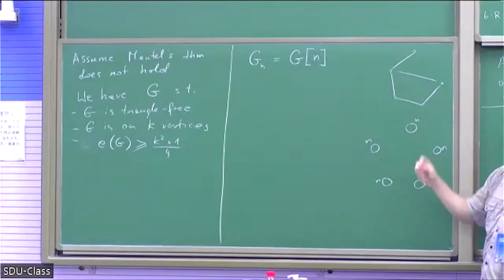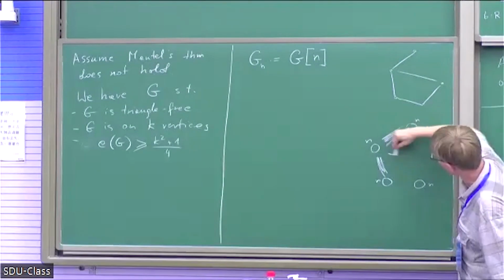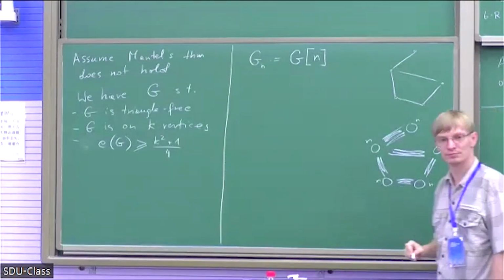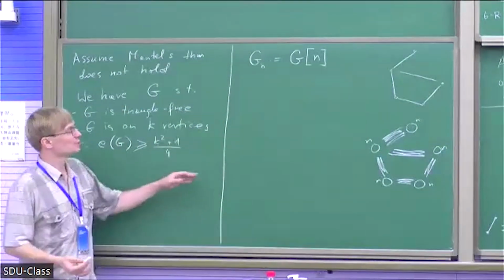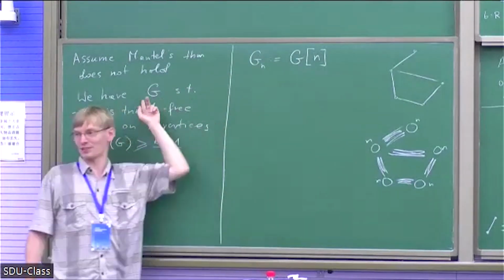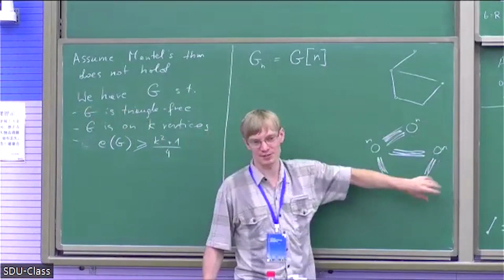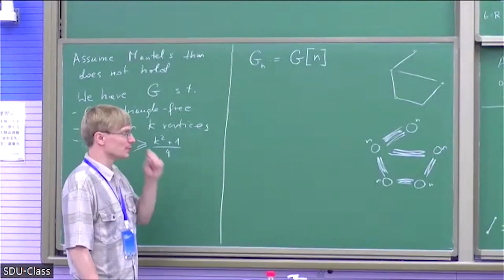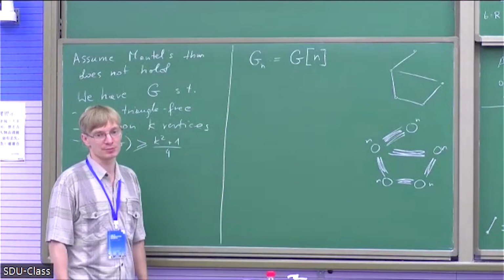And for every edge, I put a complete bipartite graph, so all possible edges according to edges in G. Okay, you understand the concept? So G1 will be exactly this example G, and then I blow up the vertices. Okay, so I want to argue that each such graph is a counterexample.